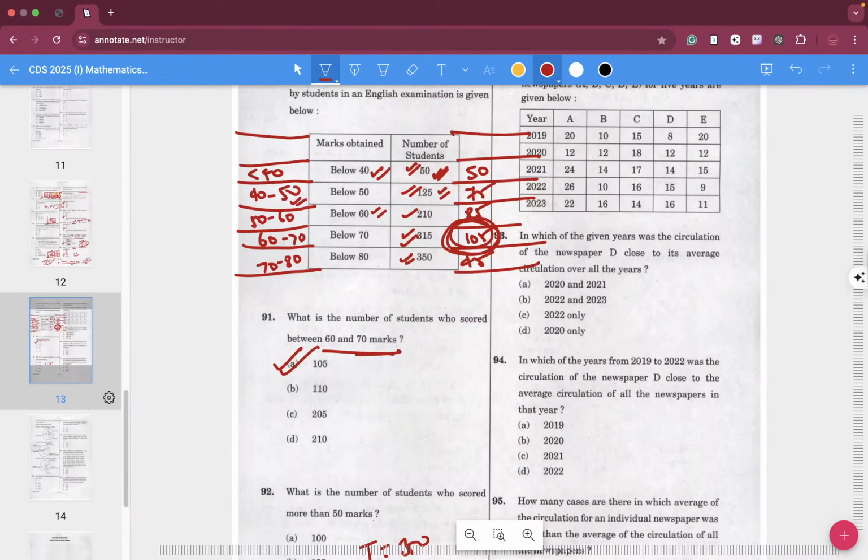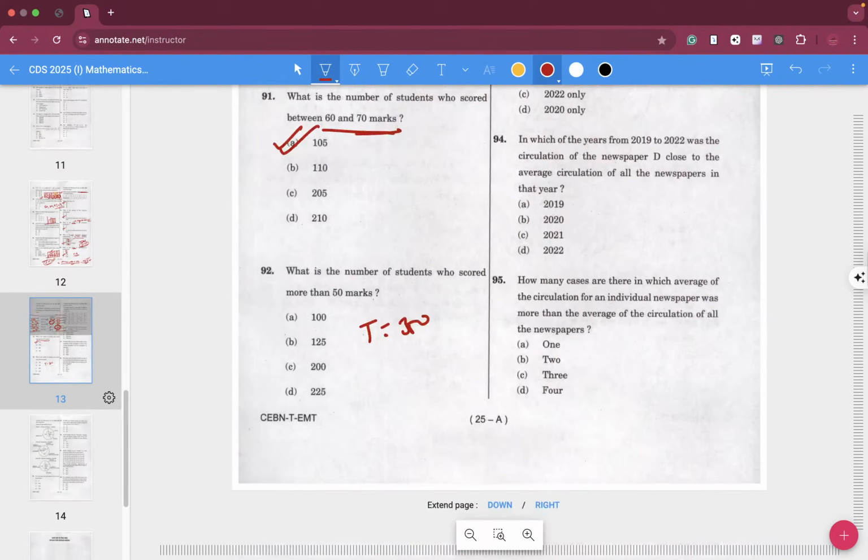Below 50 you have 125 students, so we have to subtract that, and you get 225. D is the answer to this question, folks. So this is how we are going to solve this.